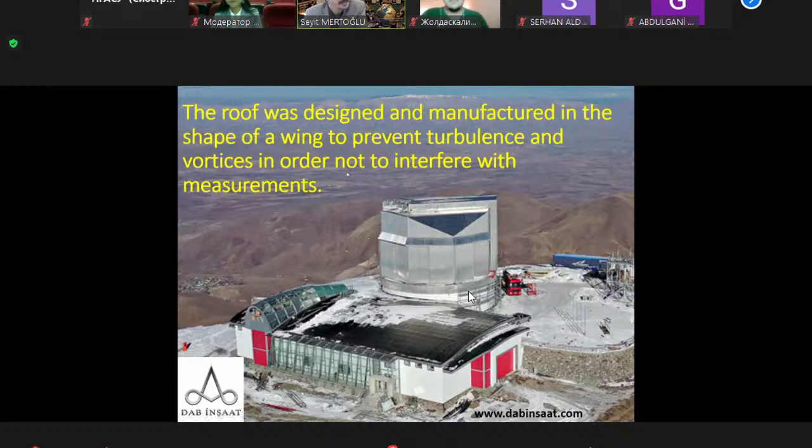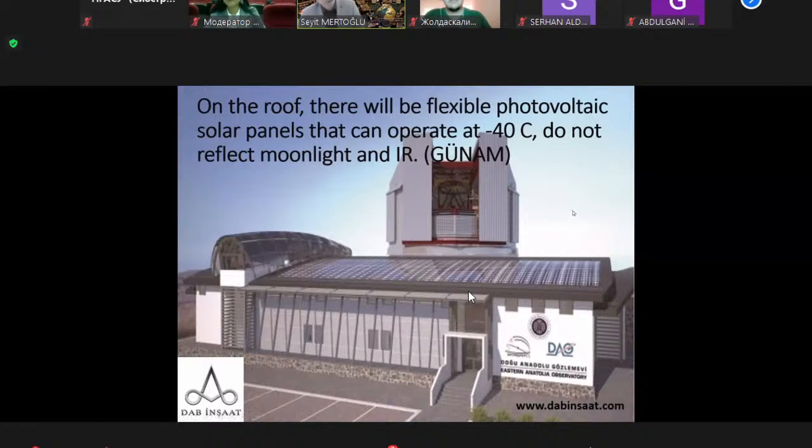The roof was designed and manufactured in the shape of a wing to prevent turbulence and vortices in order not to interfere with measurements. On the roof, there will be flexible photovoltaic solar panels that can operate at -40 centigrade. They do not reflect moonlight and infrared.